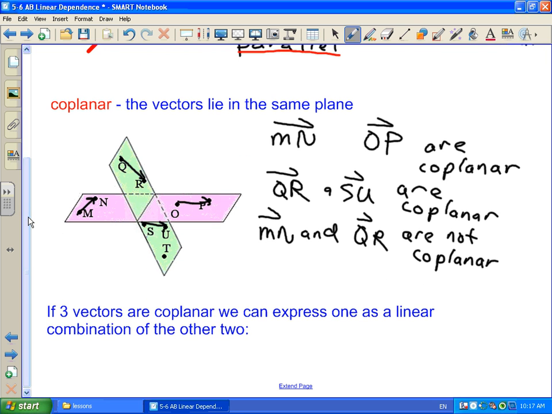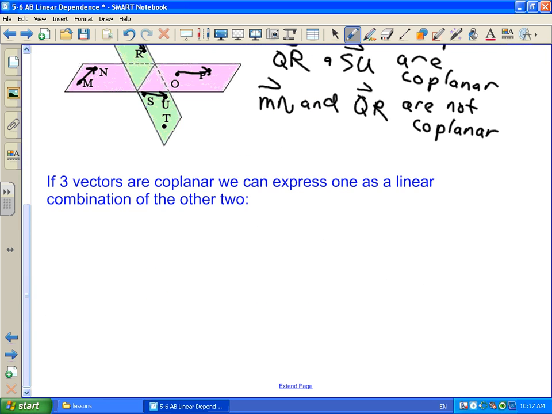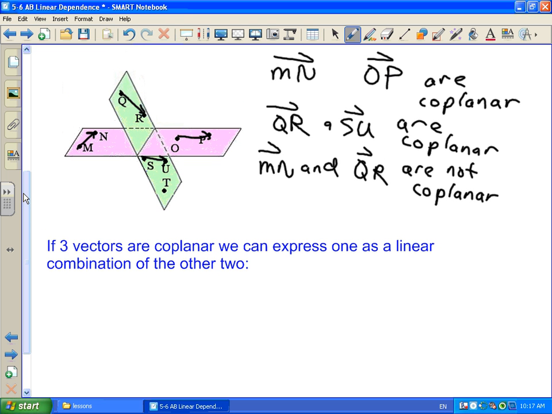So if three vectors are coplanar, we can express one of these vectors as a linear combination of the other two.